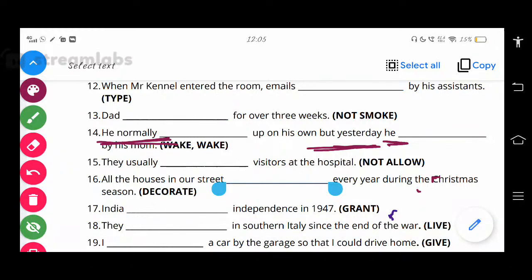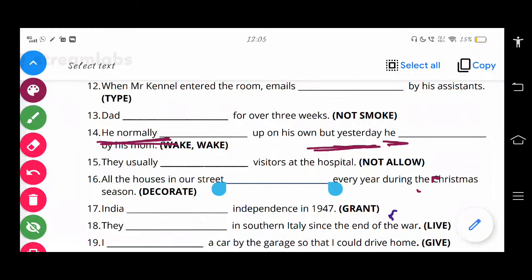Okay, he wakes. But yesterday in the sense, it's a completed action. By this keyword, yesterday, it's a completed action. Whereas the subject he is not the doer of the action here, but the receiver of the action. The doer is his mother.